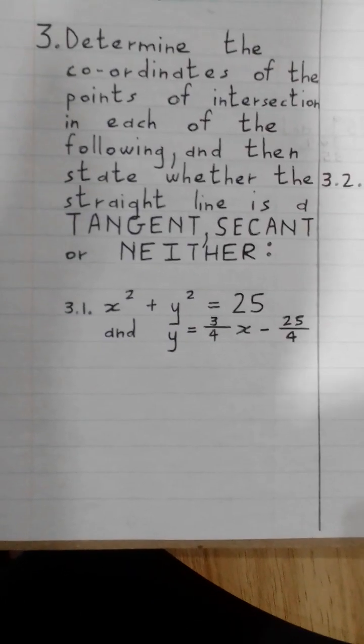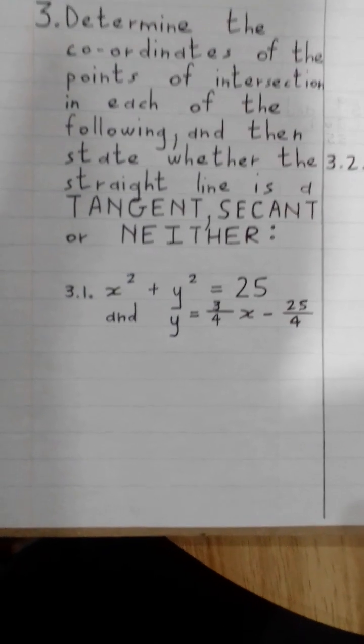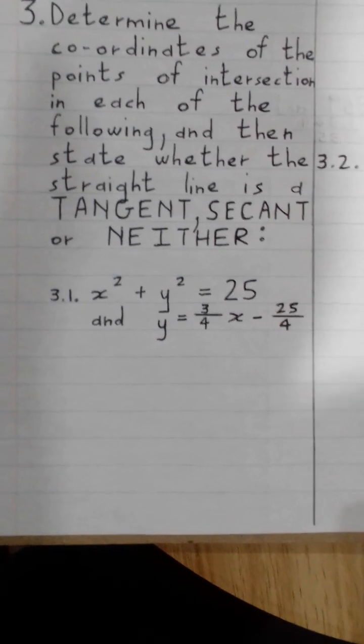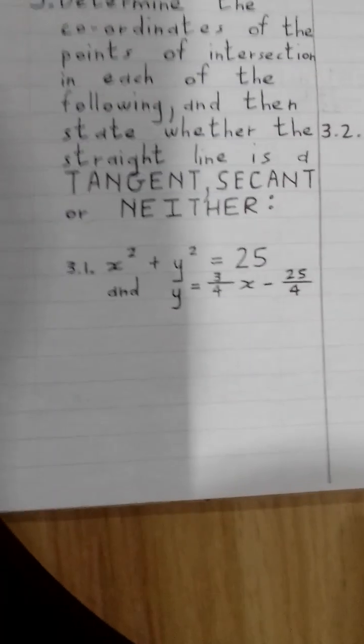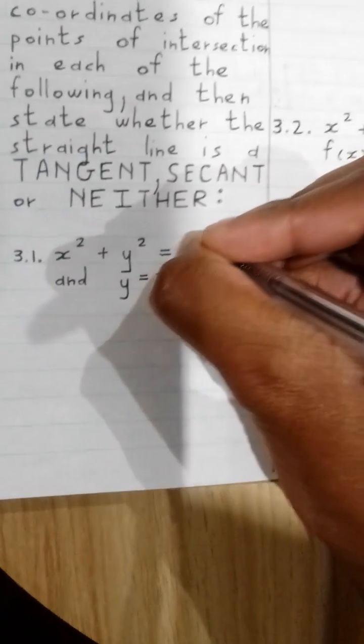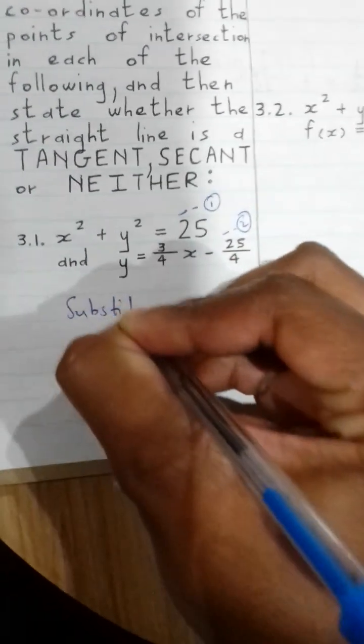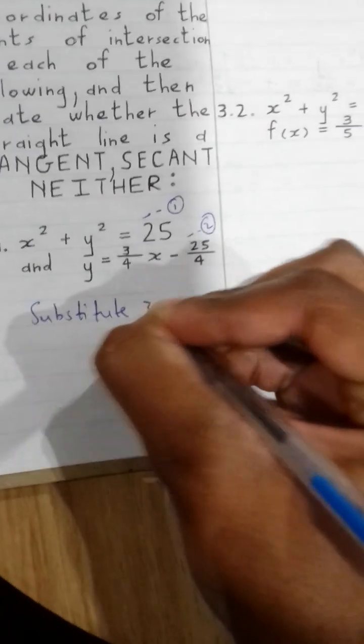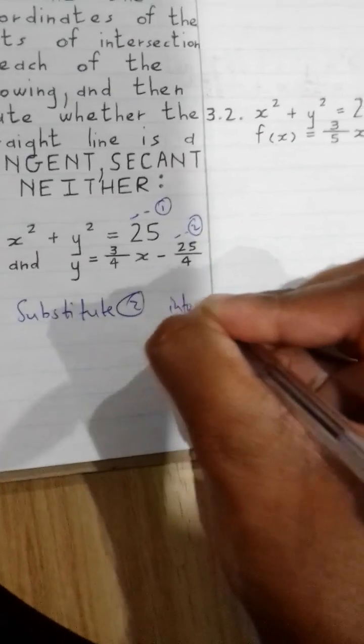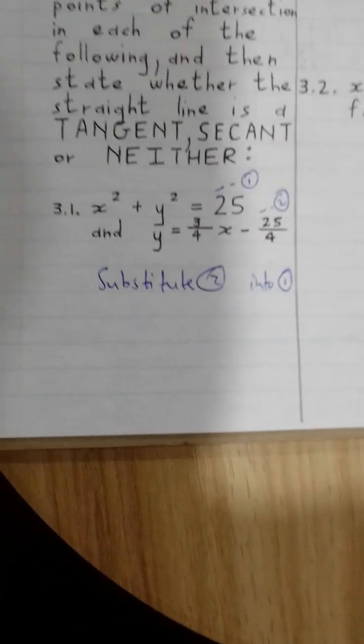So, now you use the method of simultaneous equations, right? So we know this is already equation number 1, and this is equation number 2. So we are simply going to substitute equation number 2 into equation number 1.